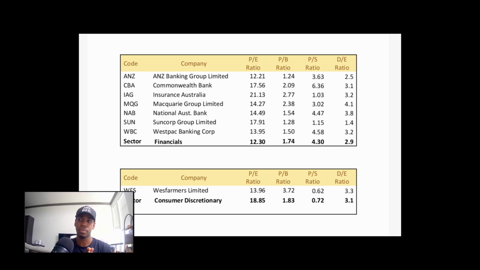Number three, ANZ has a lower PS ratio than the other major banks, which indicates that investors are willing to pay less per dollar of sales per share than for its competitors. This suggests that the company may be undervalued, right? High PS ratios often indicate that a company is overvalued.